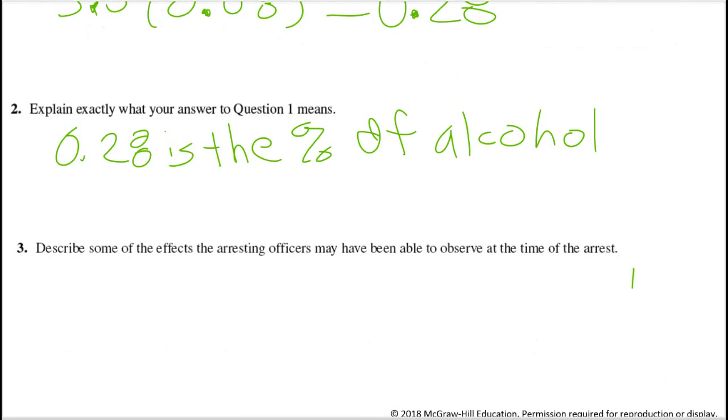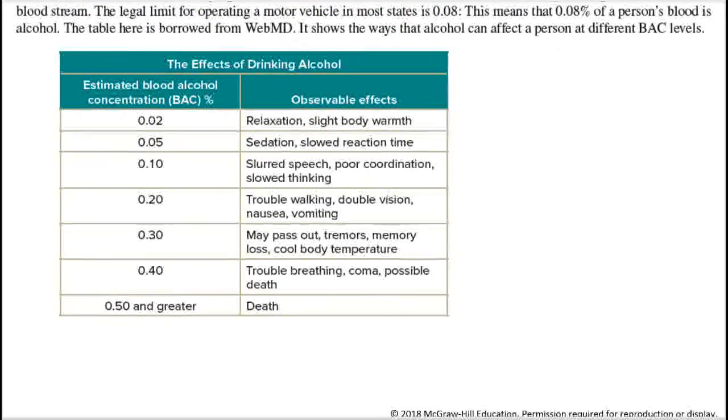Okay. So we need to go back to the table. She was close to 0.30, so certainly trouble walking, double vision, nausea, vomiting, but she was in danger of passing out, having tremors.